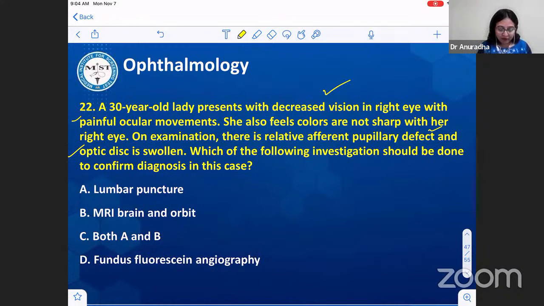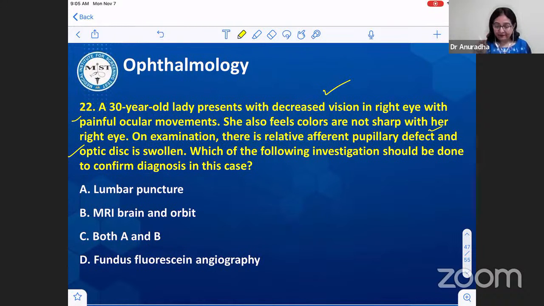So very good question, beta. Try to first of all make the diagnosis. A lady, decrease in vision with painful ocular movements, color vision affected, relative afferent pupillary defect. Color vision affected and RAPD are signs of optic nerve disease, beta. Already they have told you the optic disc is swollen.